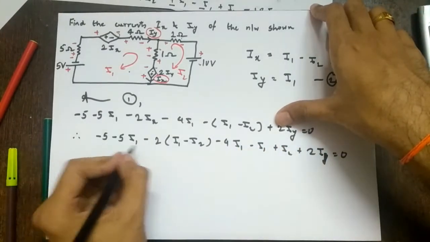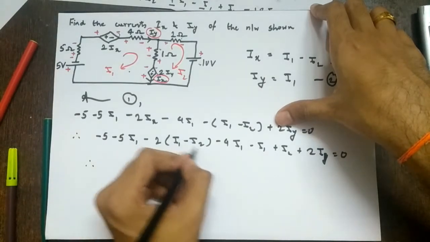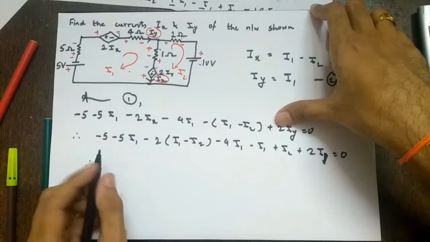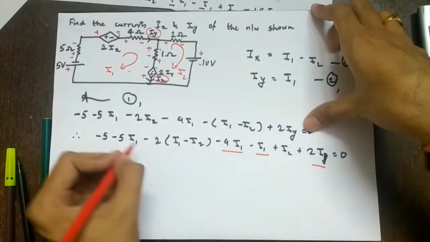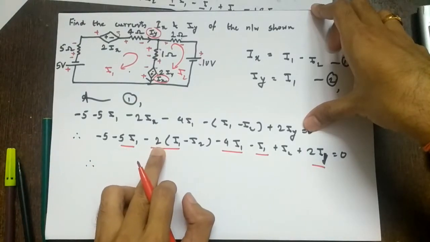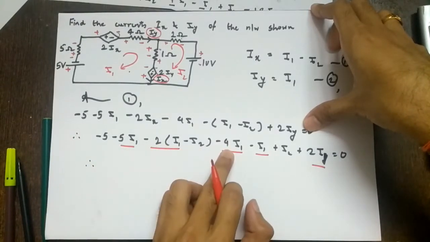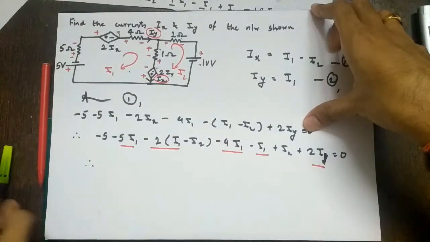So just calculate this. No need to show this step that this is minus 2I1 plus 2I2. If you are confident, you can directly write the final equation. So collecting the terms in I1, this is I1, this is I1, this is I1, this is I1 and this is I1. So minus 5 minus 2 is minus 7, minus 4 minus 11 minus 12 plus 2 minus 10.